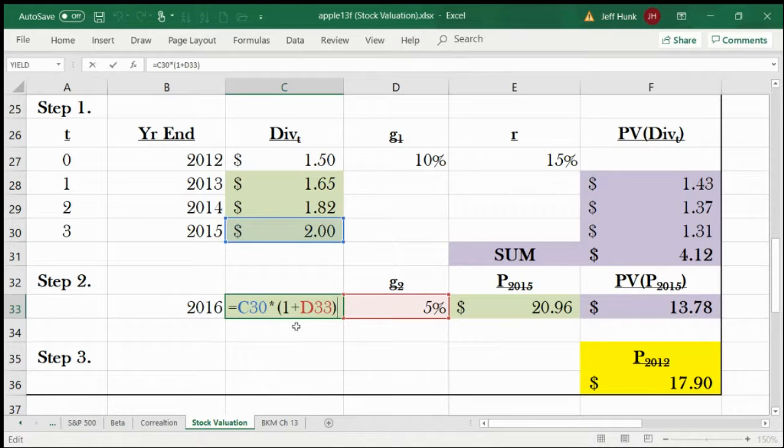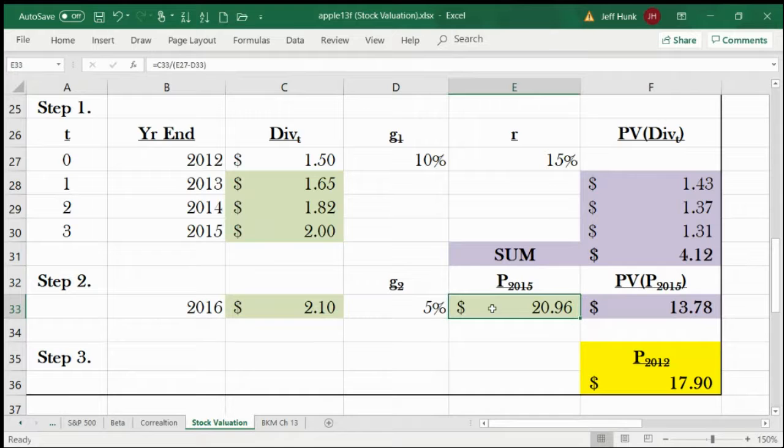The 2016 dividend will be like that. There you go. Then using the Gordon growth model, the dividend at time t plus 1, which is this, over R minus G. Okay, then we got the stock price as of the end of 2015.